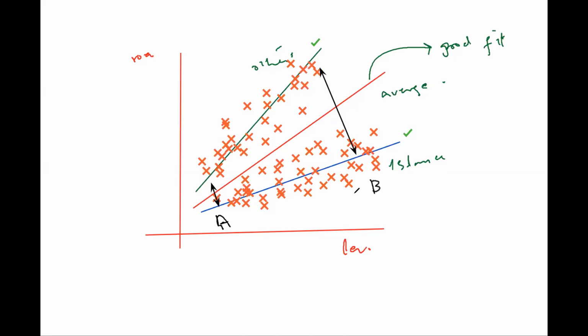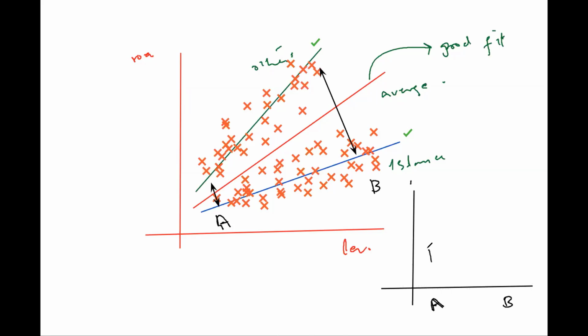So let's call it B. So if I draw the average value of the distance from the red line to the crosses, the distance at A and B.